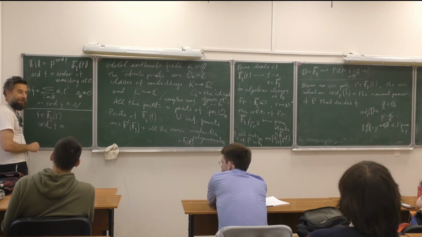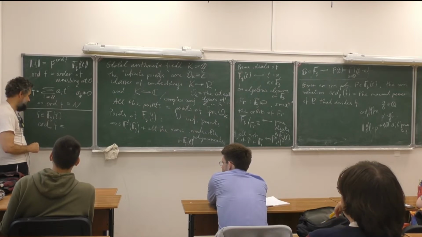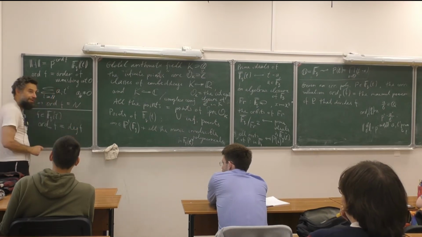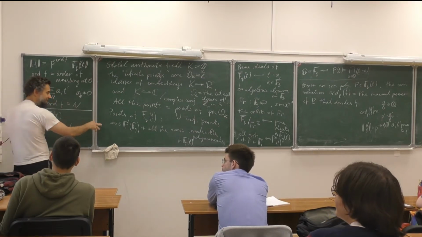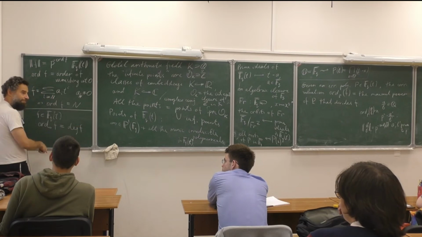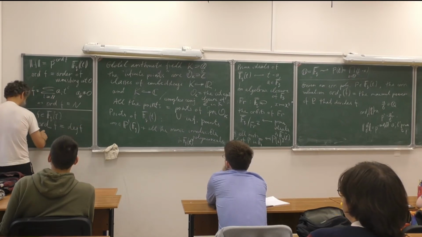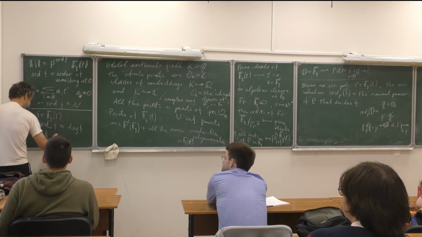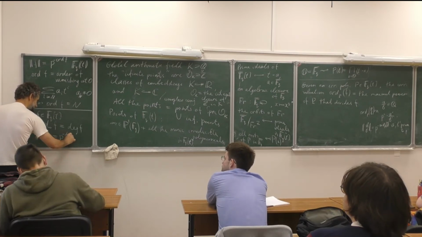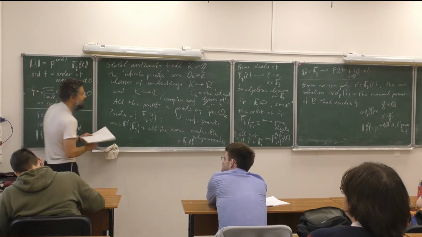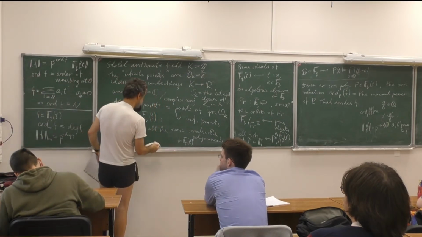Right, it's just the degree of f, yes. So the infinite adic valuation is just p to the negative degree. Fine.